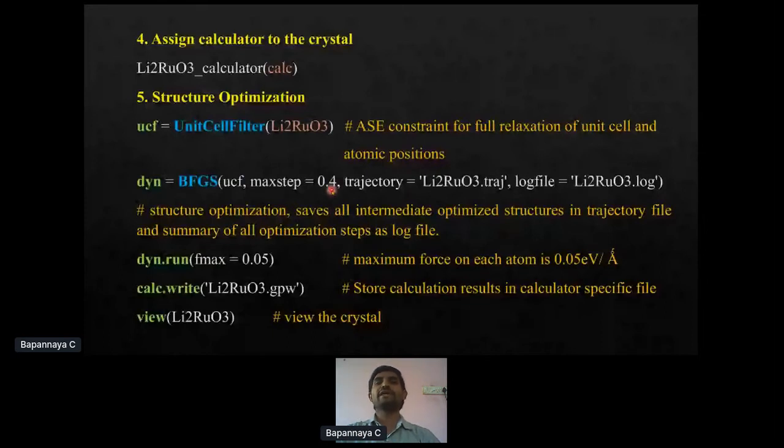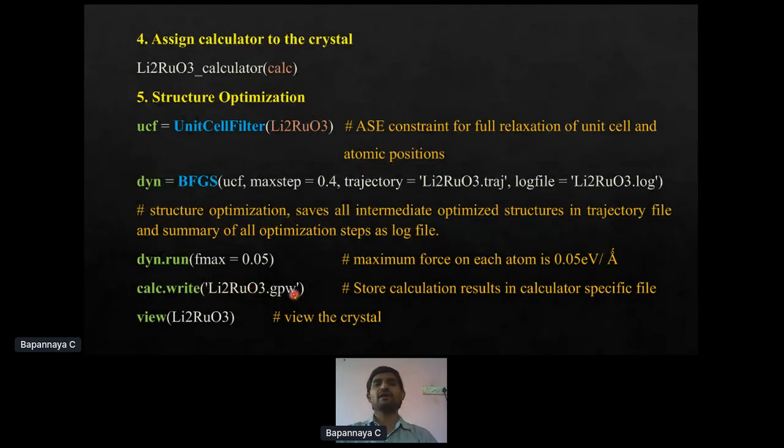All the intermediate structures will be stored in a trajectory file, and the summary of the optimization steps or energies will be stored in a log file, and this optimization will run until the maximum force is 0.05 electron volts per angstrom on each atom, and the calculation results will be stored.